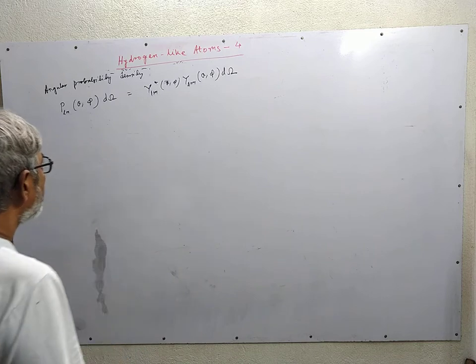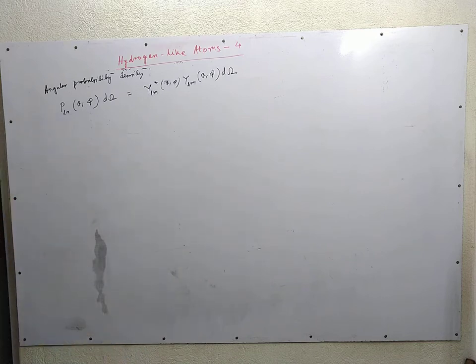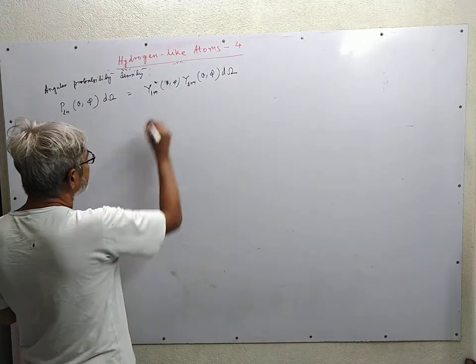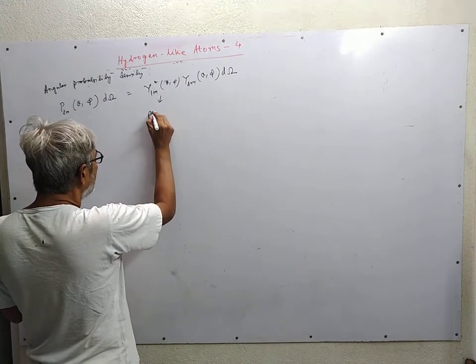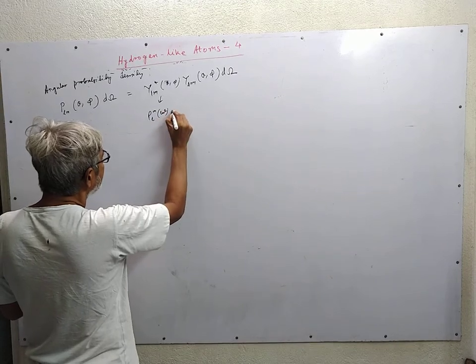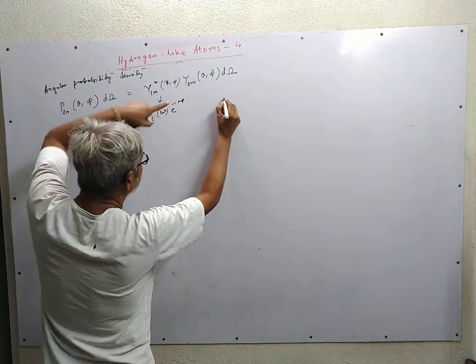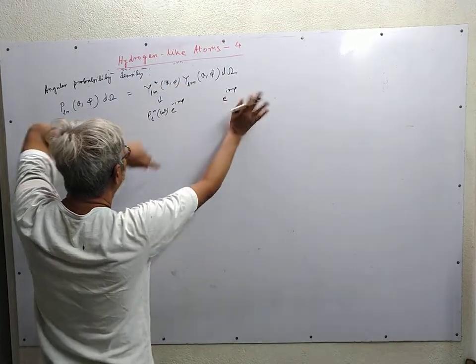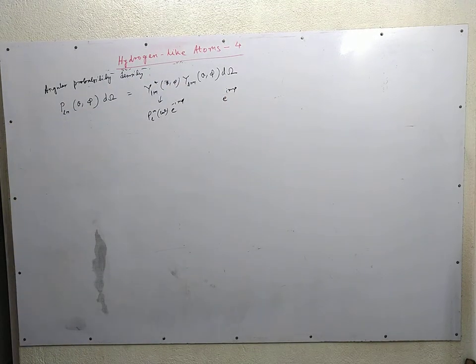This gives you the probability of finding the electron in a state lm within the solid angle d omega around theta phi. Because of the factor, recall once again that it is P_lm of cos theta times e to the power minus i m phi, and this is e to the power i m phi, so the phi dependence goes. Again, as for total probability density, the angular probability density also has cylindrical symmetry.